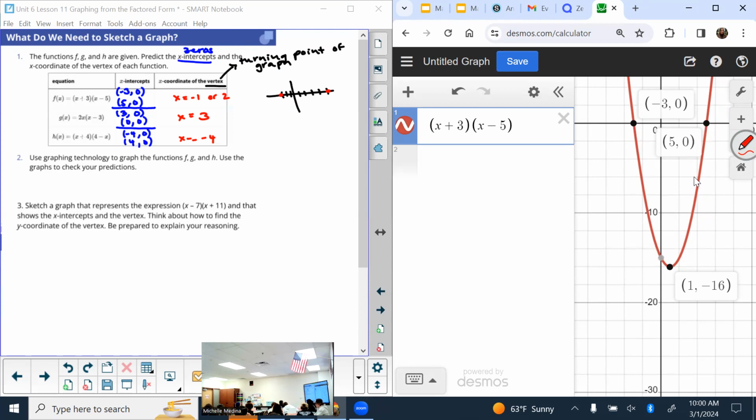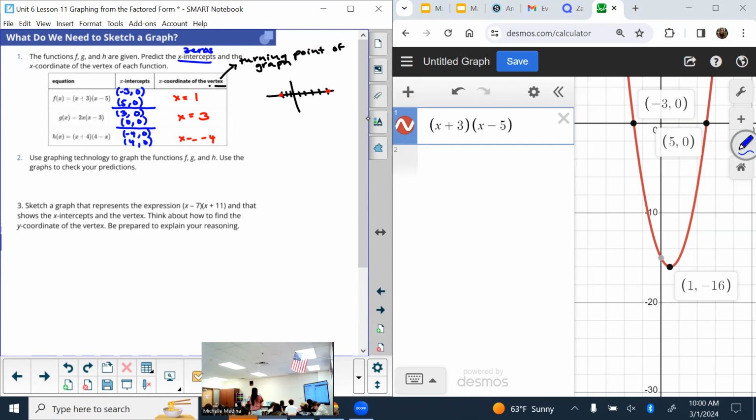So change that prediction to what it actually should be now. The x value of my vertex is 1. Here's how to do it without looking at Desmos for that answer. You have to think about what the middle point between -3 and 5 would be. That middle way would be 1.